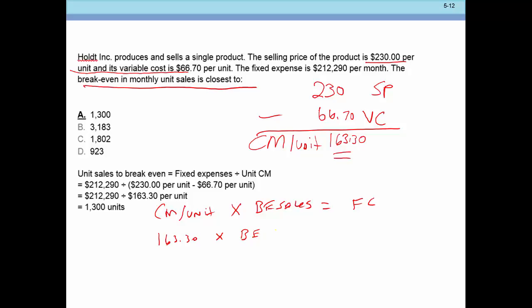That's the unknown here. I don't know what that number is. I'm going to try to figure it out. It is going to equal, and they told me the fixed cost is 212,290. Good. So now I take that 212,290 and divide it by 163.30, my contribution margin per unit, and that should give me the break-even sales here of 1,300 units.